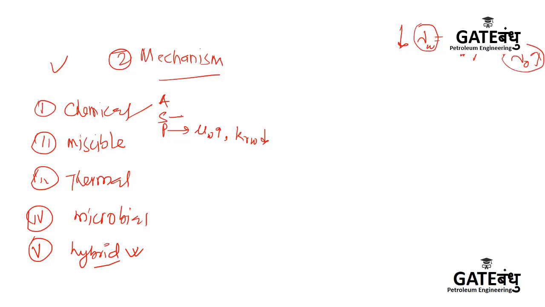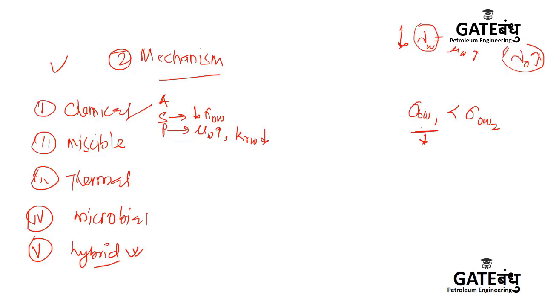What surfactant does, it reduces the interfacial tension between oil and water. In simple terms, say interfacial tension of oil-water system 1 is less than interfacial tension of oil-water system 2. System 1 will require less energy to mobilize the oil compared to system 2.